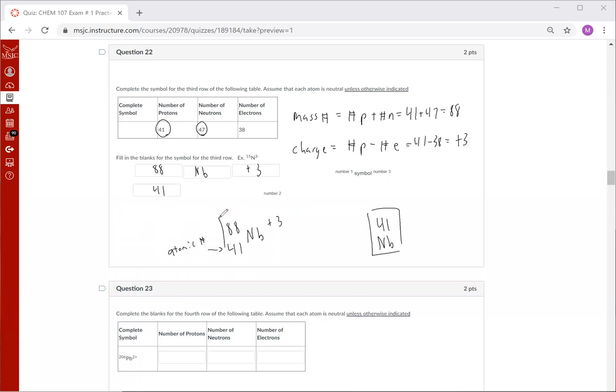So we've written out the symbol in isotope notation for the following ion. Does this example make sense to everyone? Is it okay to write a 3+? Yes, that's more than okay. Any other questions on this example? If not, let's keep going then.